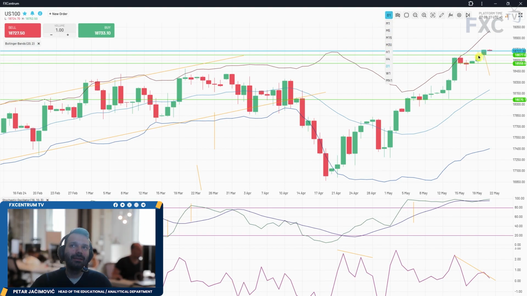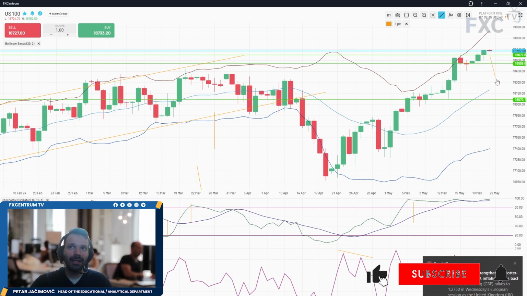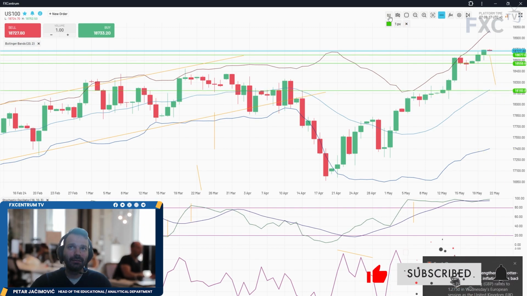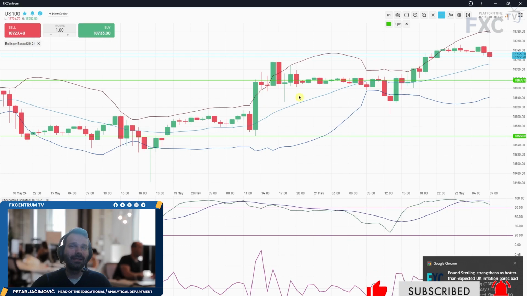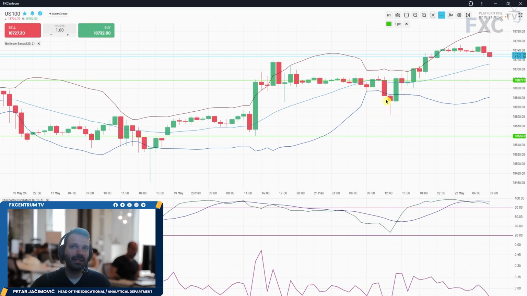But in order for that potential downside movement to happen in the next period, I would like to see the confirmation of the intraday frames. So far, there was an attempt from sellers to break, but it was absorbed, and market traded higher into new high ground. But at this point, after trading to the new high ground, we can see the market is going sideways, and now it's trying to go lower.